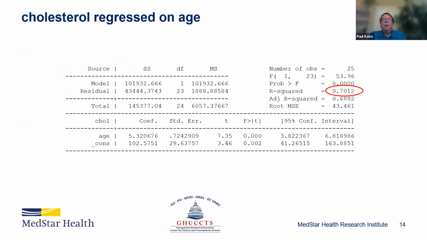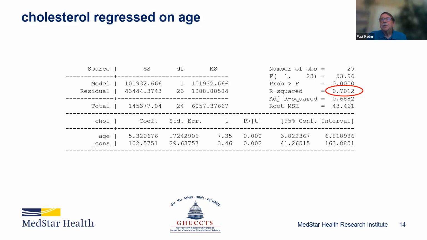So here's an example printout from running this. This is done in Stata, but any statistical program you use will have an output that looks something like this. One of the first things we want to look at is our R-squared value, and you can see that it's actually pretty good.